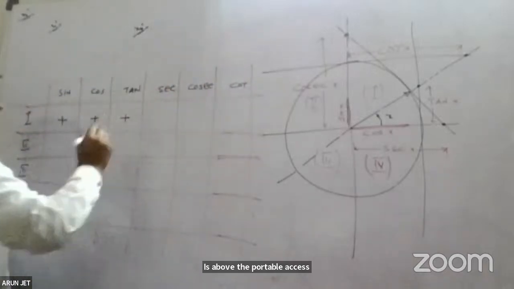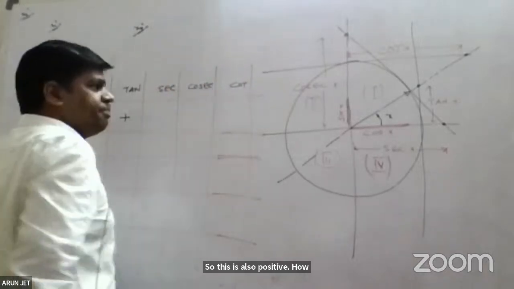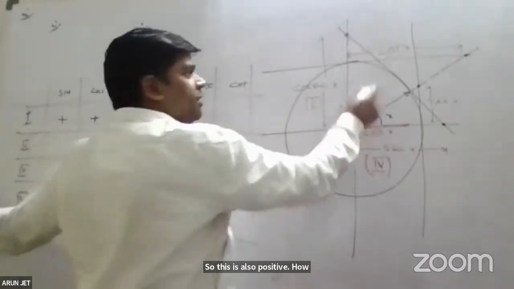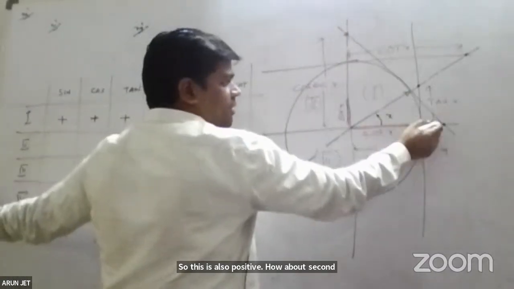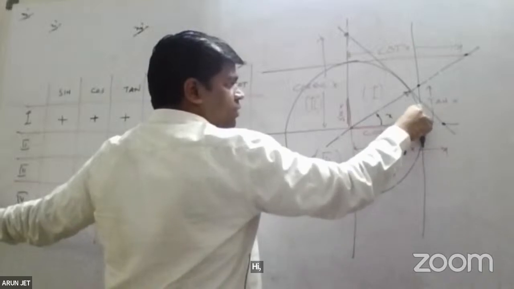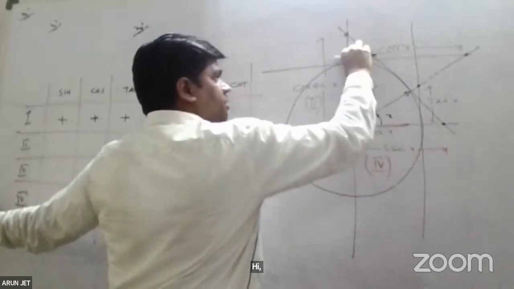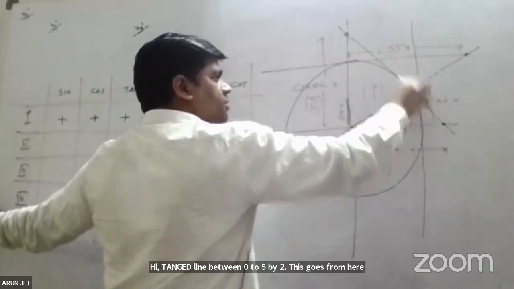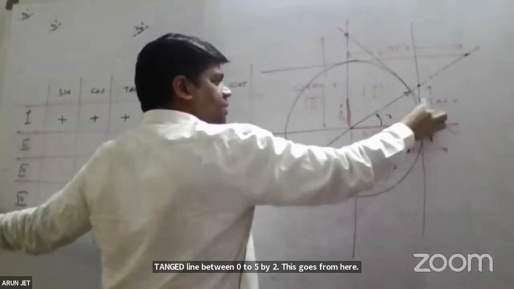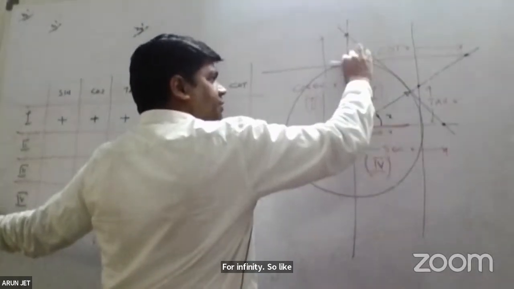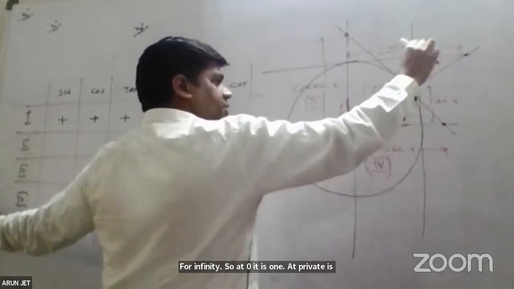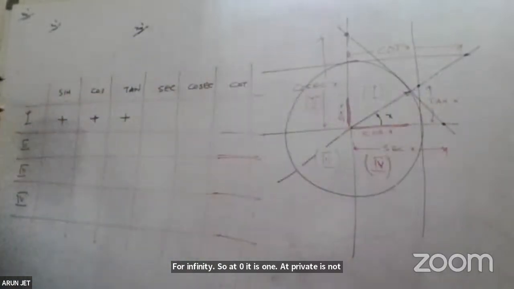So this is also positive. How about secant? I draw a tangent line between 0 to pi by 2. This goes from here to infinity. So at 0 it is 1. At pi by 2 it is not defined. So it goes from 1 to infinity. It's positive.